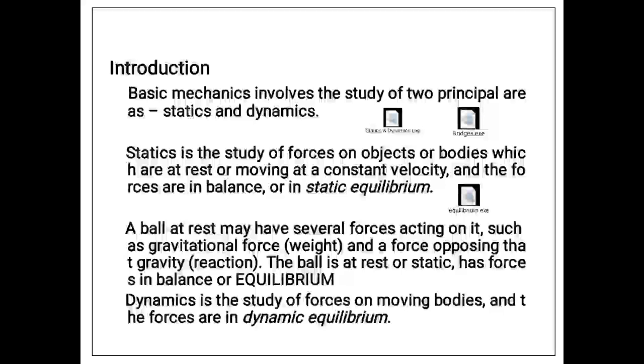So the ball is at a state of rest, or static, as the forces are in balance or equilibrium. The weight of the body acts as a gravitational force, and opposing that gravity acts as a reaction force. So the action and reaction forces get into the condition of balance, or equilibrium.